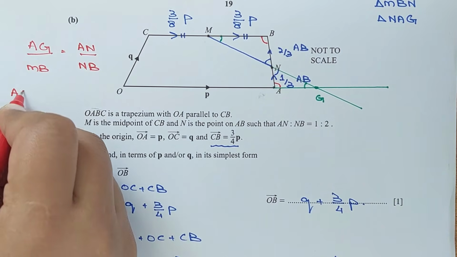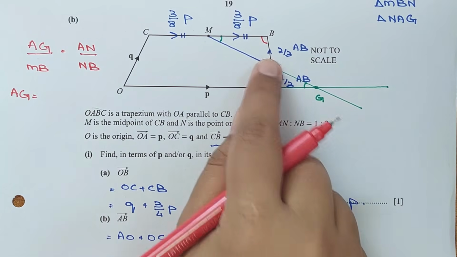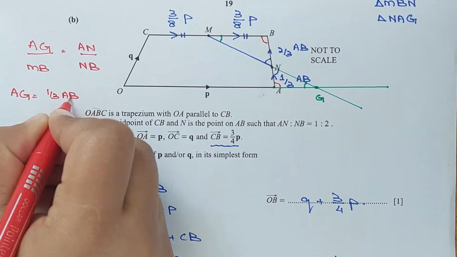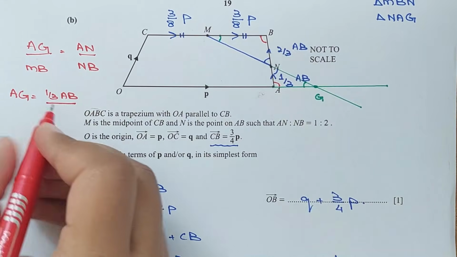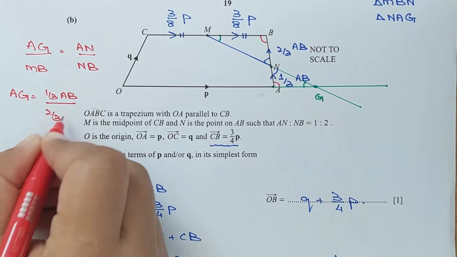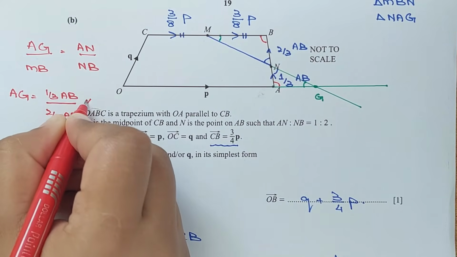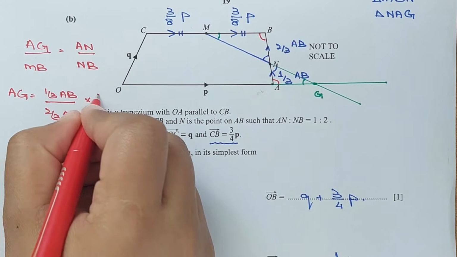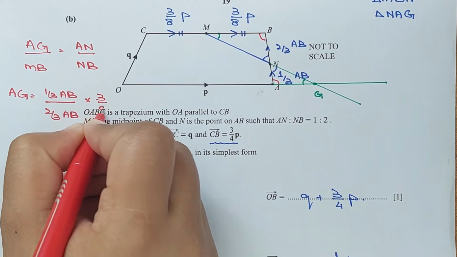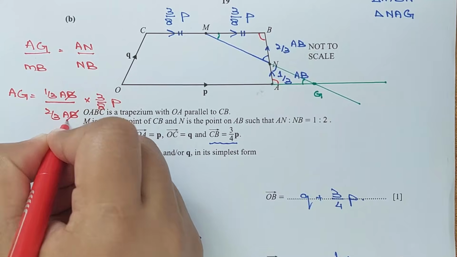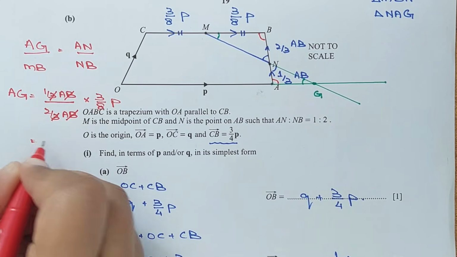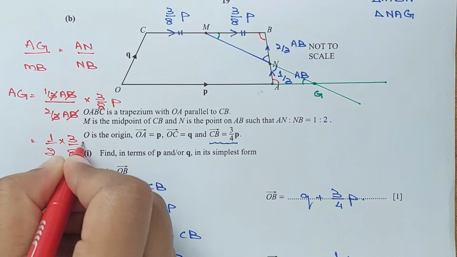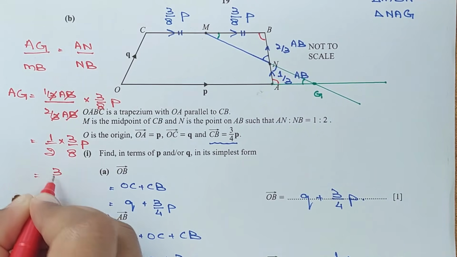And AG is AN, 1 by 3 of AB, over NB, 2 by 3 of AB, times MB, which is 3 by 8 of P. AB cancels with AB, 3 cancels with 3. So we are left with 1 by 2 times 3 by 8 of P. So this is 3 over 16P.